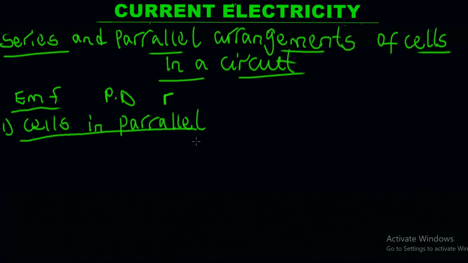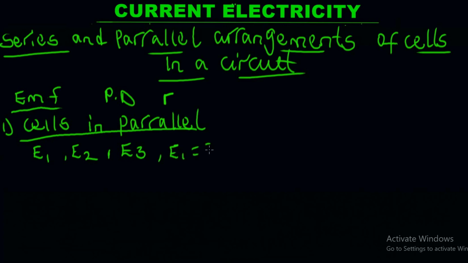When they are connected in parallel, the E.M.F of the cells are equal, and they are equal to the net E.M.F, which is like the total E.M.F that can be obtained from that cell. So this is what we mean. If we have the first cell with an E.M.F of E1, another cell with an E.M.F of E2, and then a third one, let's say we are making use of 3 cells, when they are connected in parallel, the E.M.F will be the same.